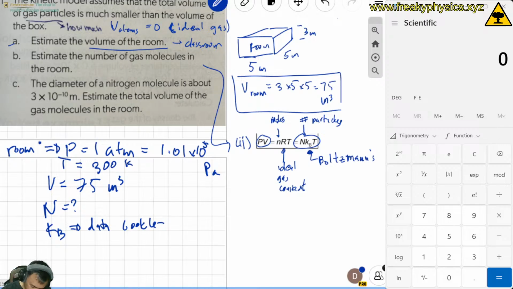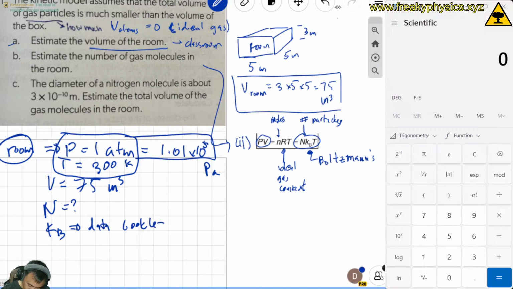So again, if you see a room, these 2 are automatic values. Okay, so from here, just find N straight away. Use the formula, right?